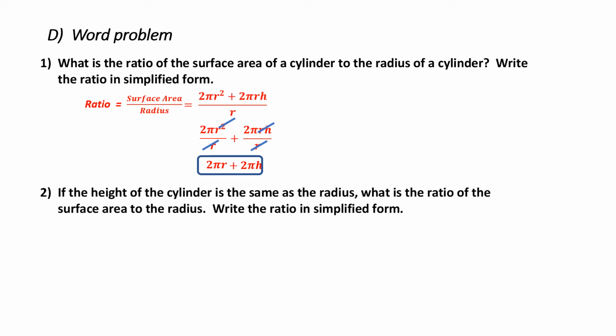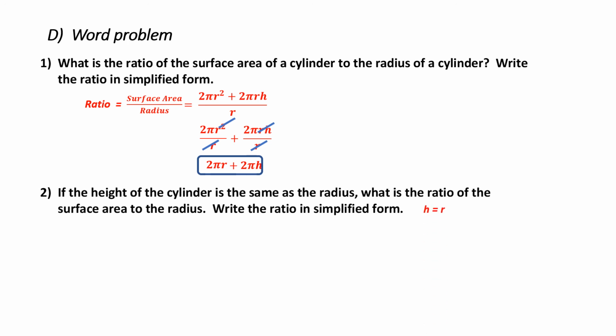Question 2. If the height of the cylinder is the same as the radius, what is the ratio of the surface area to the radius? Well, they're asking us for ratio again, but it says if the height is the same as the radius. So what does that mean? Well, up above we have r for radius and h for height.